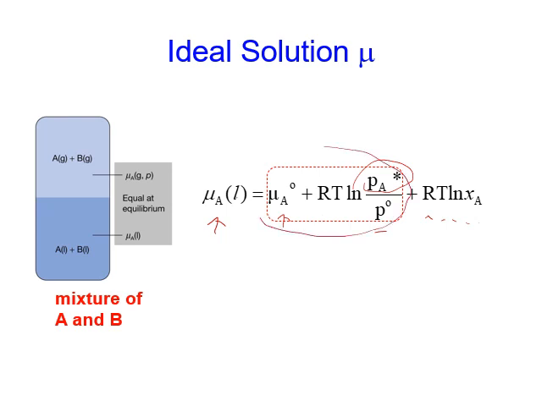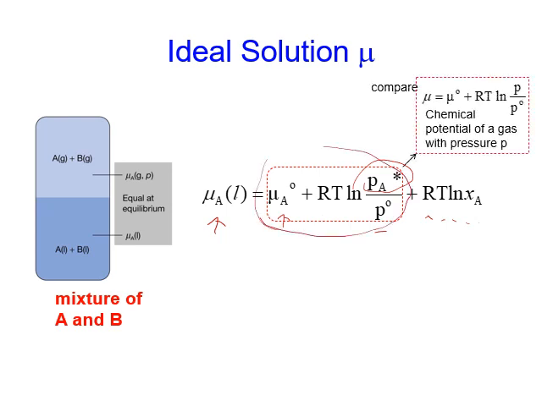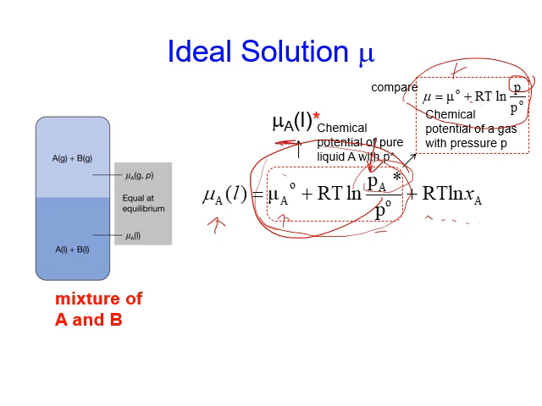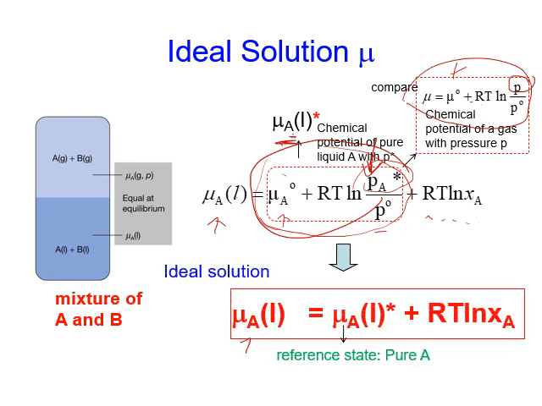Now compare this sum with the chemical potential in the gas phase, standard state plus RT ln pressure in the gas phase, and we notice that this is the vapor pressure of A when it's pure, and this indicates that this whole thing is the chemical potential for a pure A liquid, because this is the liquid that is in equilibrium with this pressure in the gas phase, and therefore we can write the chemical potential of A in a liquid as the chemical potential of A when it's pure liquid.